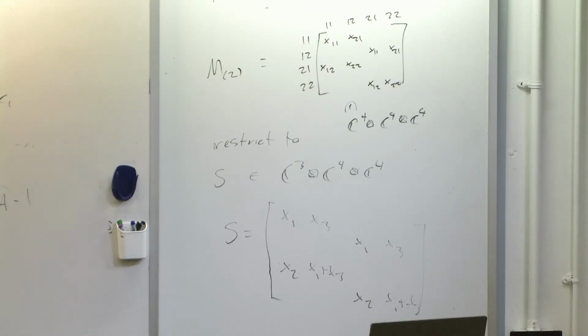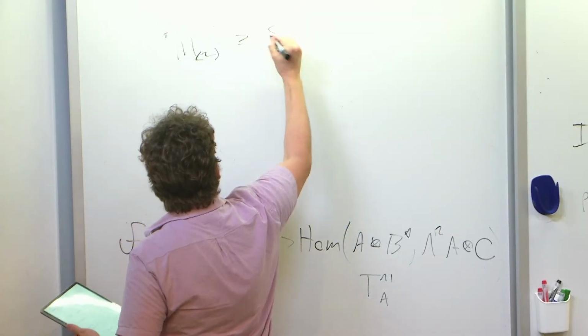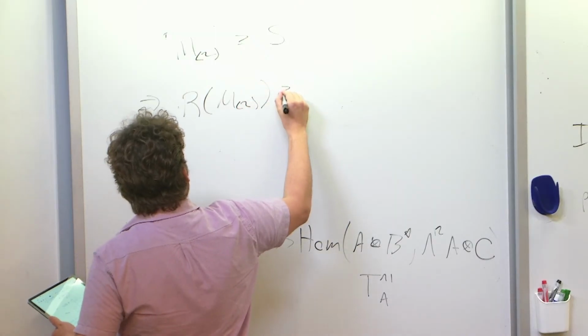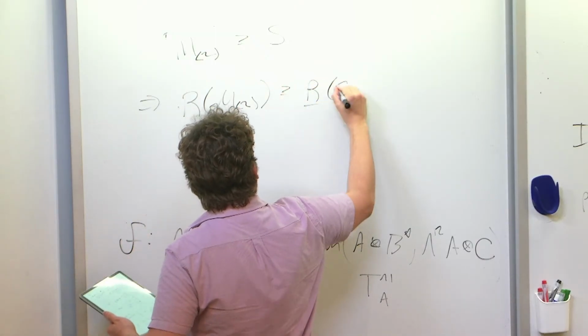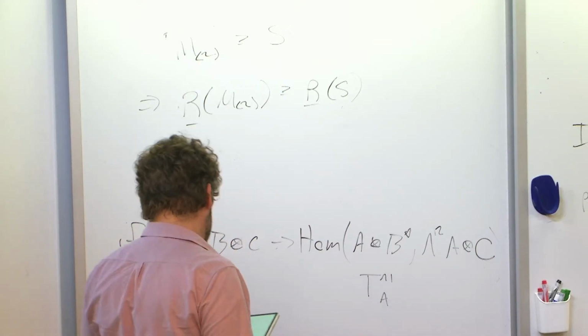So as Peter showed us, M2 restricts to S implies that the border rank of M2 is bigger than or equal to the border rank of S. And we're going to apply Strassen's equations to S here.